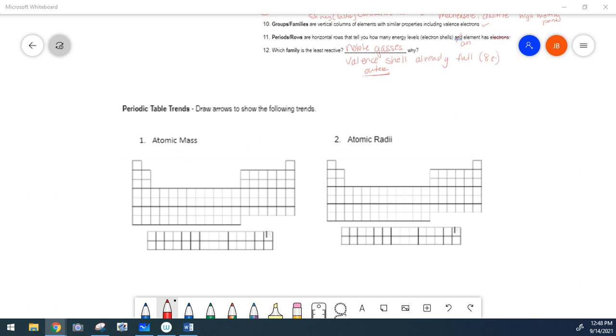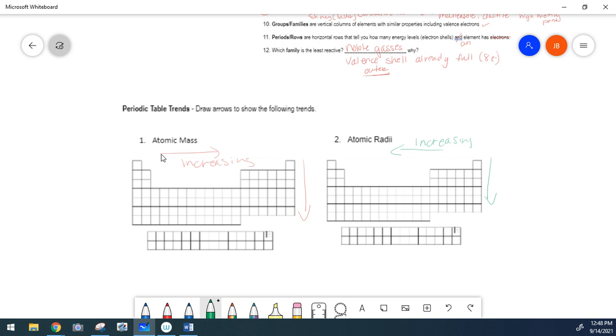Okay, so which way does atomic mass increase? Yeah, increases this way. And what other way? Yes, increasing left and down. Okay, how about atomic radii? Which way does it increase? It goes this way and this way, right?